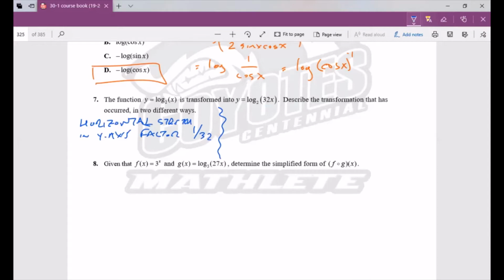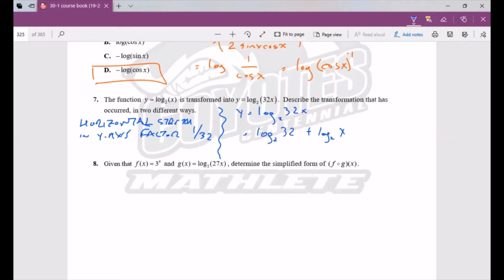The less clear one takes into account what we know in this chapter, that if y is equal to log 32x base 2, that this is equal to the logarithm of 32 plus the logarithm of x, both base 2. 32 is a power of 2. It's 2 to the 5.